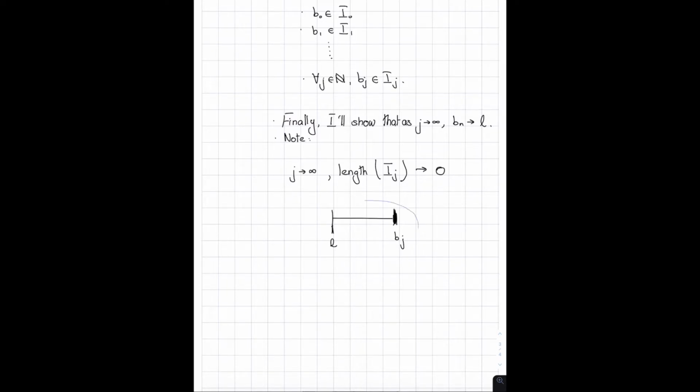So if the length tends to 0, and the distance between b of j and L is always less than the length of I of j, it also implies that the distance between b of j and L will tend to 0 as j approaches infinity. So b of j minus L tends to 0, and of course this implies that b of j tends to L as j approaches infinity, and that completes the proof.